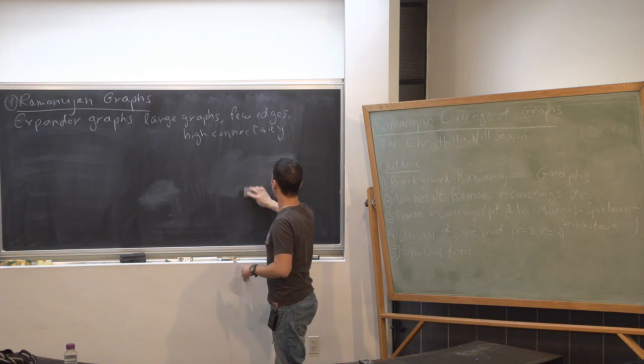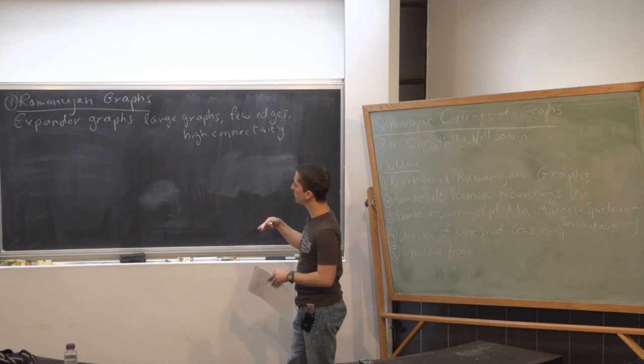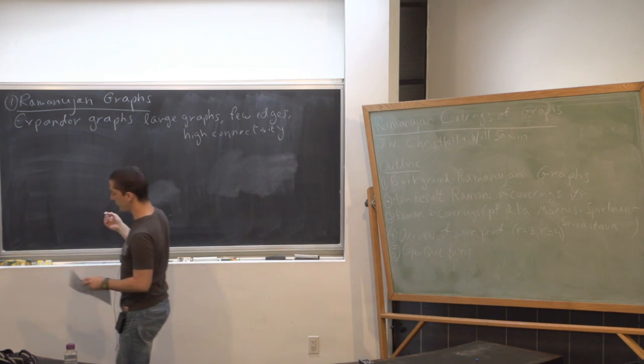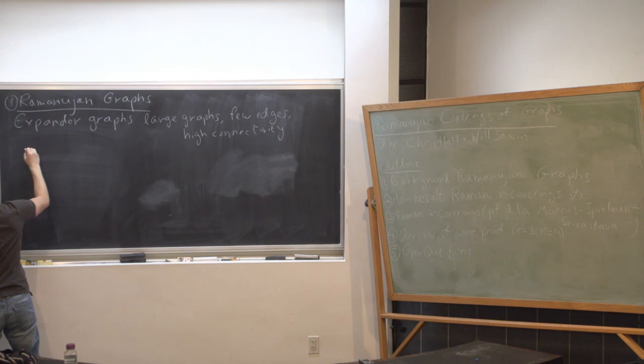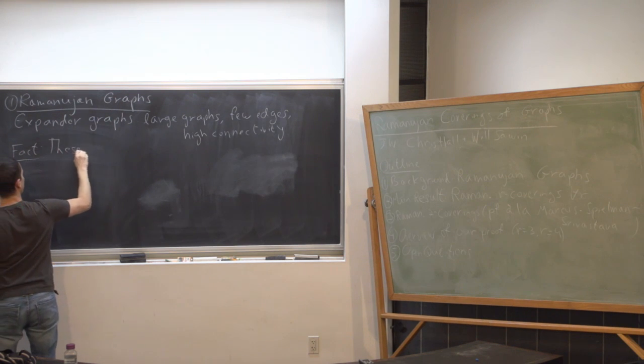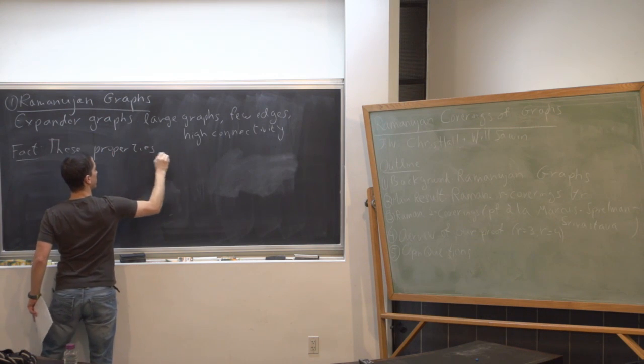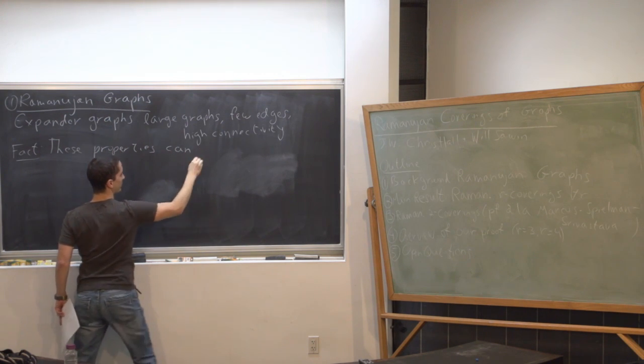So there are all kinds of combinatorial properties to measure this high connectivity. But the important thing here is that these properties of high connectivity can be measured by the spectrum of the graph.